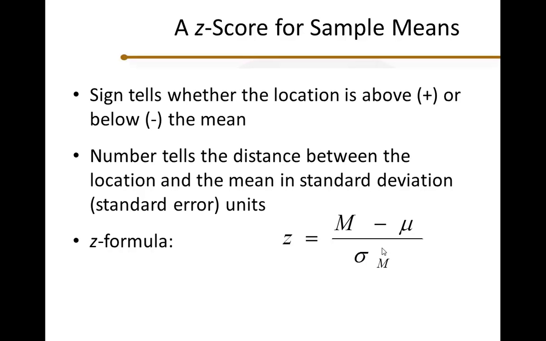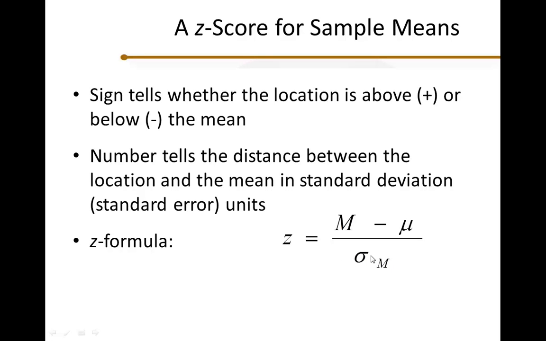Now we have a z-score for sample means. The top part remains the same, basically. Instead of your value, now you have your sample mean minus your population mean. The key thing that's going to change, this is still one number, now it represents the mean of your sample, is this standard error.